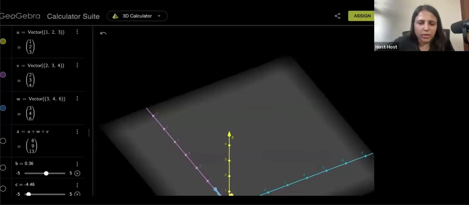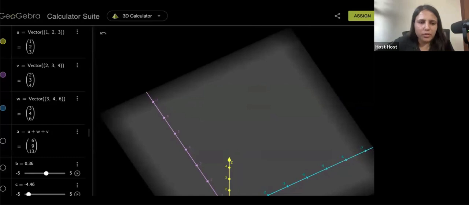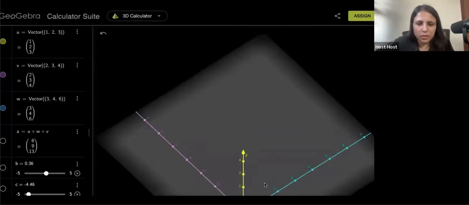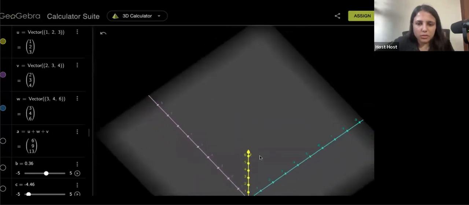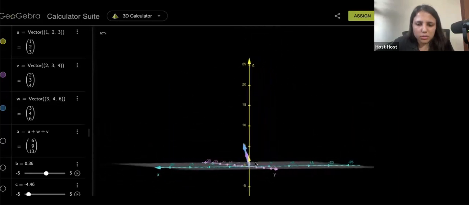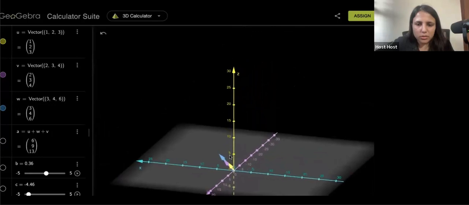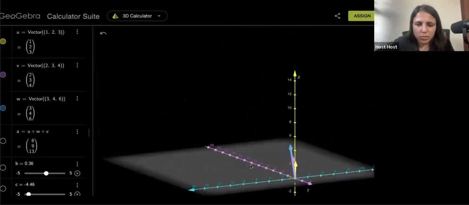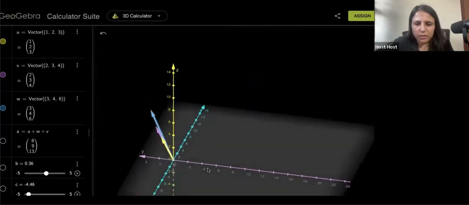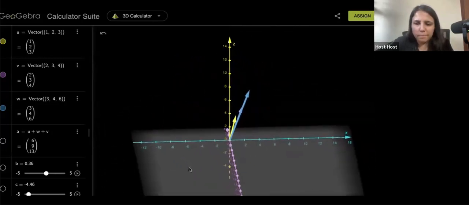And also the vector is not in the plane of any of the vectors. If the third vector was a linear combination of these two, it should have lain in the plane of these. From here you can see, right? These are 3 different vectors, 3 independent vectors. Clear, right?